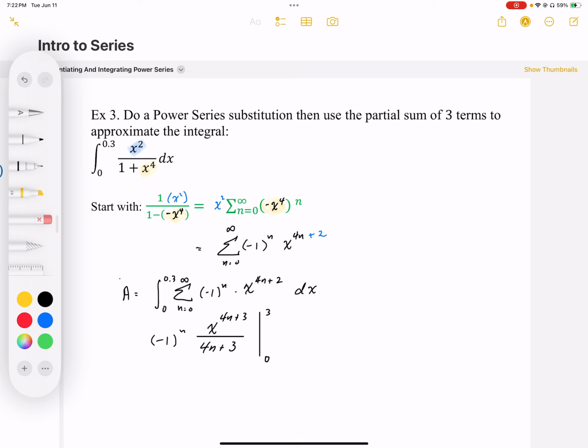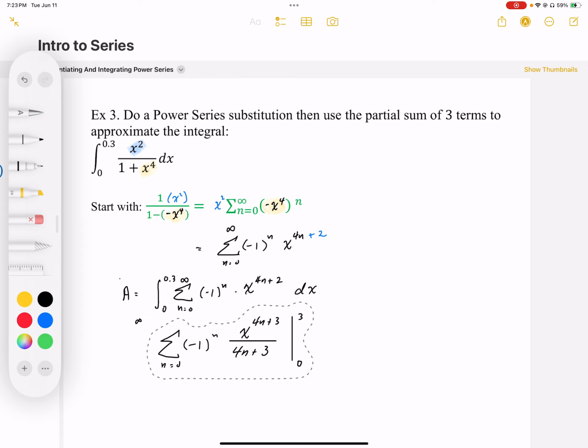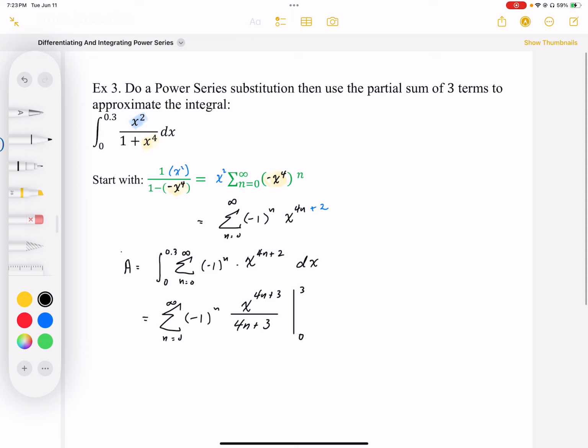Okay, and this is a series. I'm integrating a series, so I end up with a series as well. So that area is equal to this series now. So the area function is going to be calculated by this series.